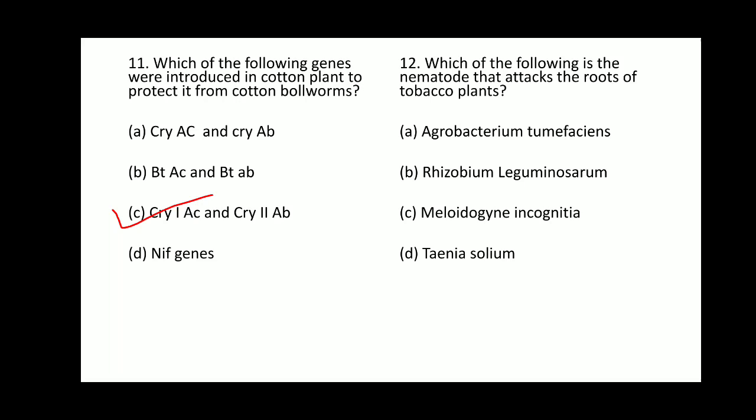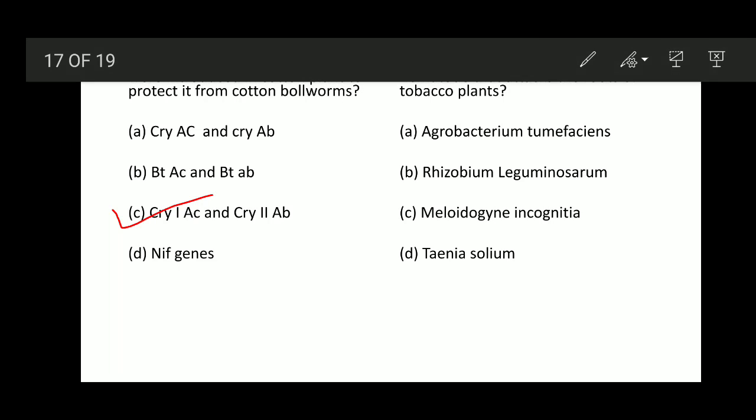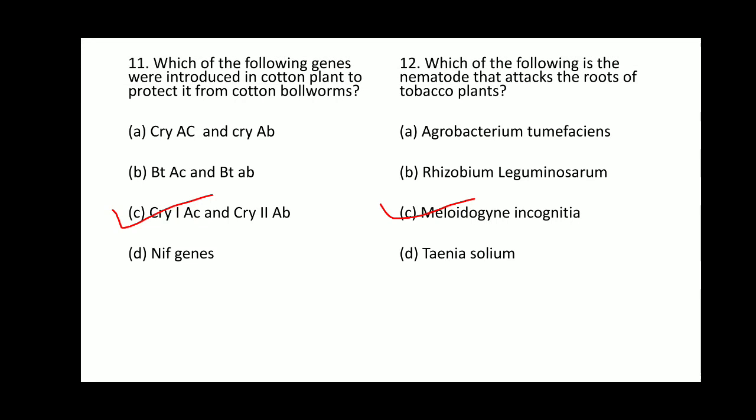Among these, the one which belongs to the nematodes is the species Meloidogyne incognita, which attacks the roots of tobacco plants, causes root knot disease and damages the tobacco plant. It is a parasitic nematode. So option C is the right answer for question number 12.